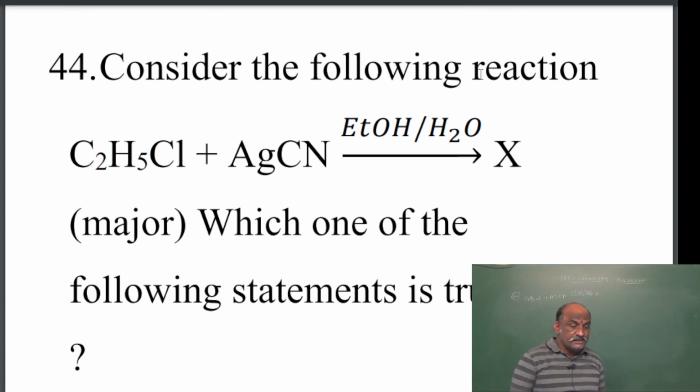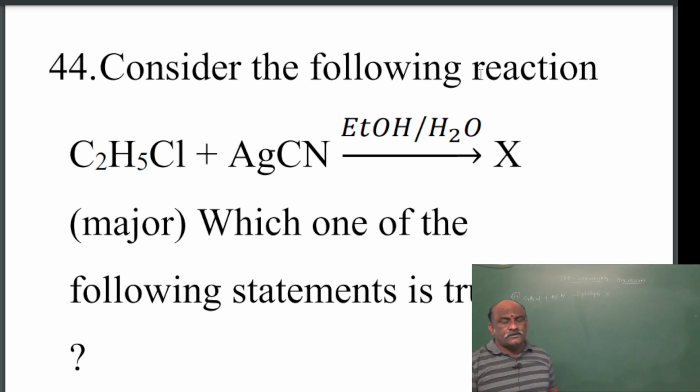That is not AgCN, that is KCN. You will get the correct answer, but it is displayed as AgCN, so make the correction with KCN, and then go with hydrolysis, which gives X.